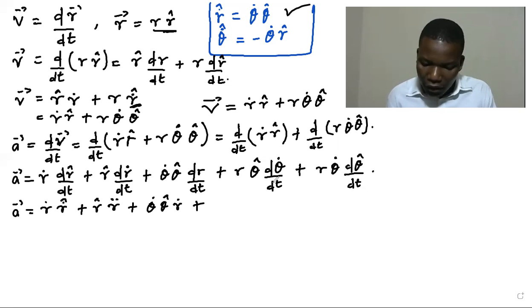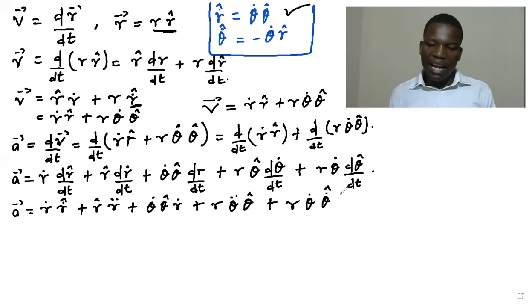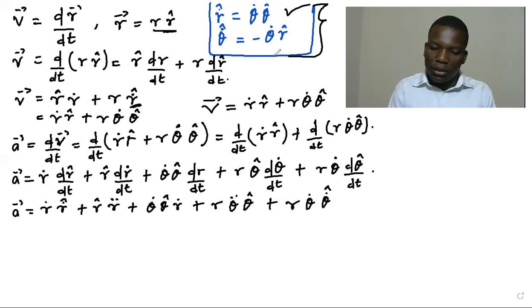And then here we have differentiated theta dot, so we are going to have two dots again, and then that cap. And then here we are going to have theta and theta dot.